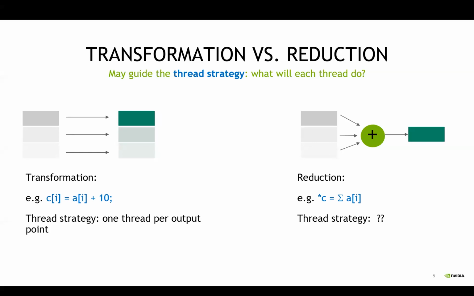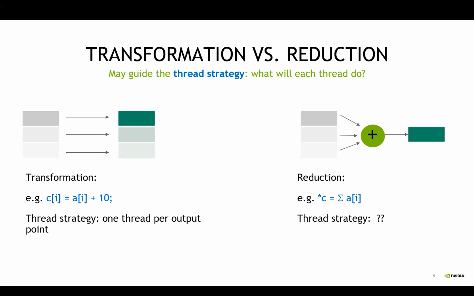And of course, we know from our previous treatment of CUDA, the last two sessions, that if I were to run a kernel with just one thread, I would almost certainly observe disappointing performance. It's not the way the GPU is designed to work. CUDA doesn't teach you to write kernels that way. So this thread strategy that works very nicely for transformation problems completely falls apart when I deal with a reduction problem.